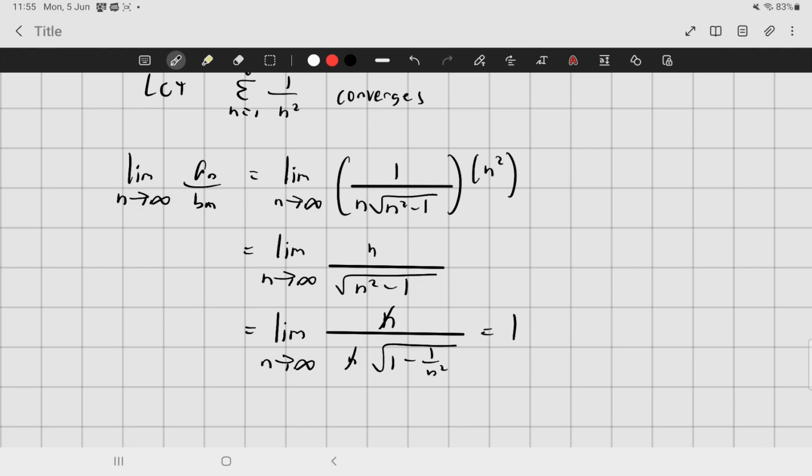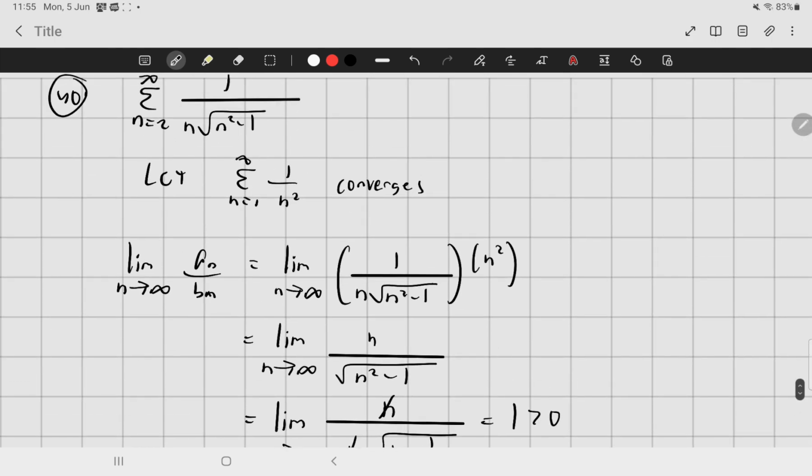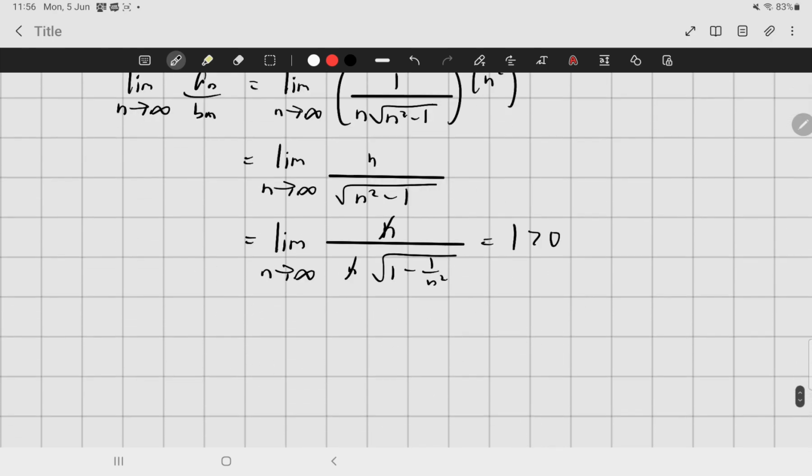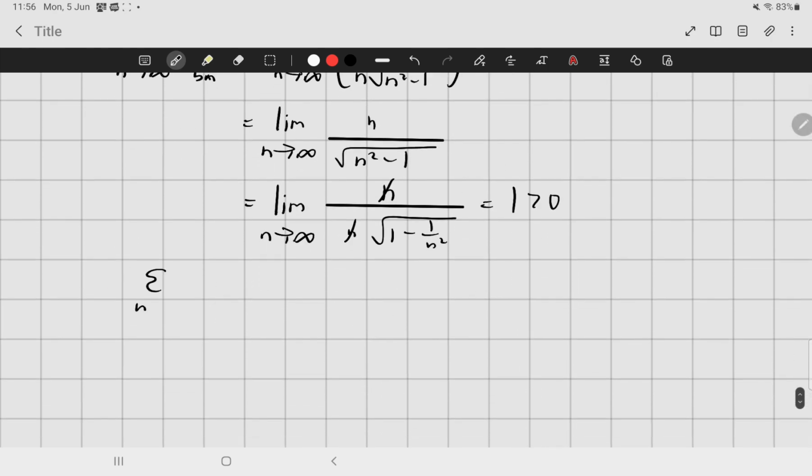Sometimes we have to mention these things, because people will think, oh, the square root of n squared is n. No, we have to consider that n can be positive or negative, but in this case our domain is always positive for n, so it should be no problem. Now, 1 is larger than 0, so what does it mean? It means that since our known series converges, our test series has to converge as well.